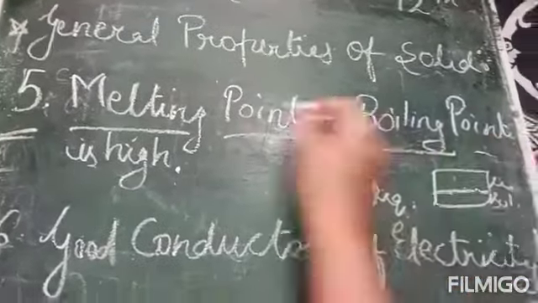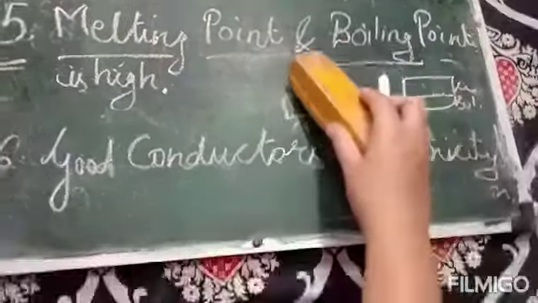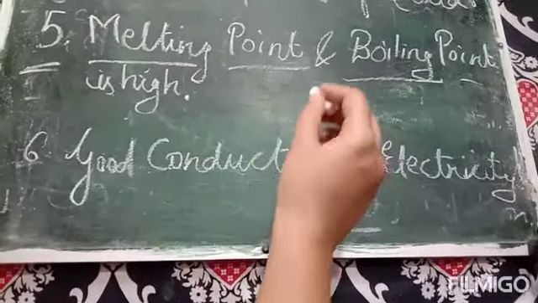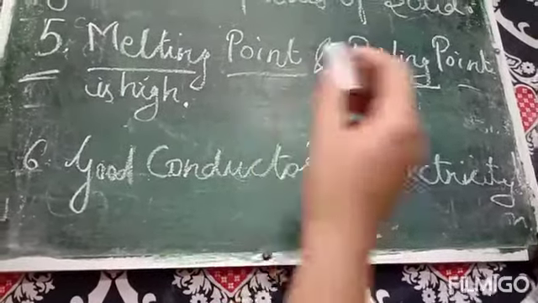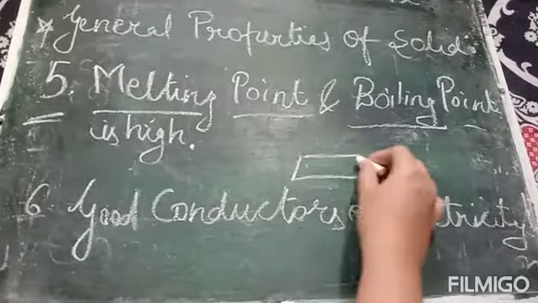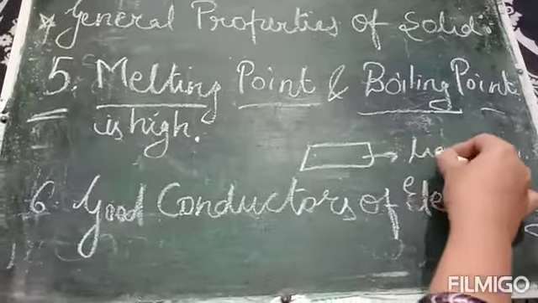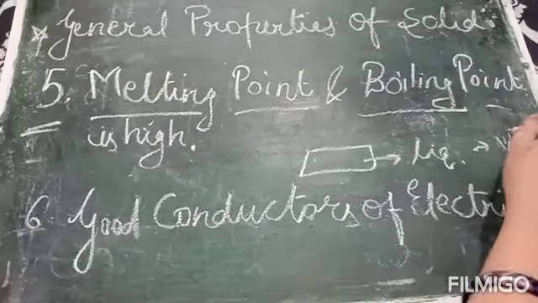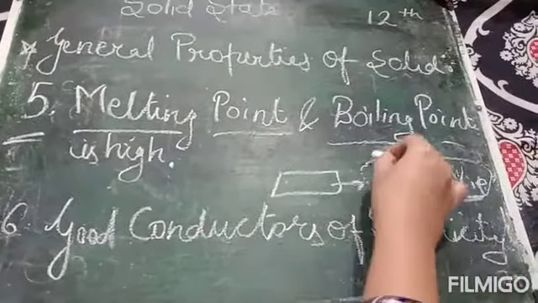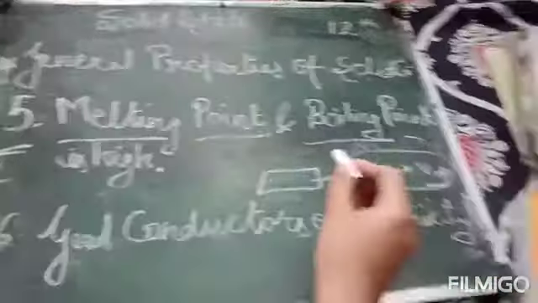And what is boiling point? The boiling point of a substance is that temperature at which the vapor pressure of the liquid equals the pressure surrounding the liquid. When first solid converts into the liquid form and then into vaporized form, so the liquid and vapor are in equilibrium state, that temperature is called boiling point.